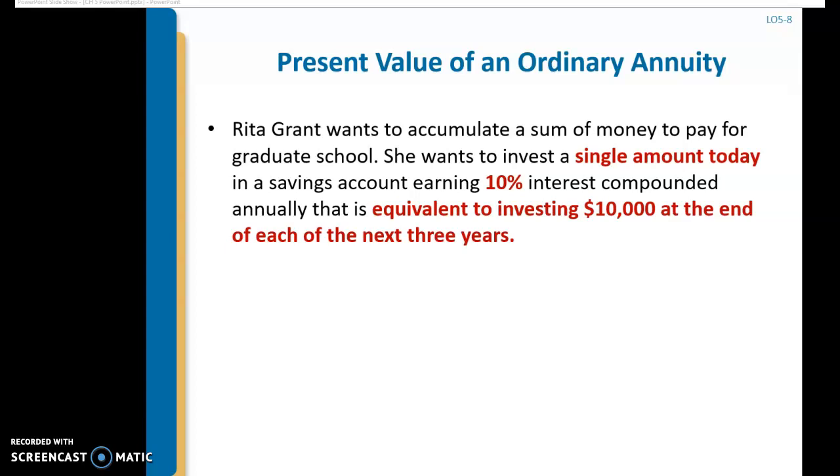The hypothetical payments were to be invested at the end of each of the next 3 years, making this a present value of an ordinary annuity problem, where n equals 3, i equals 10%, and the annuity amount or payments are $10,000. So let's look at Table 4.